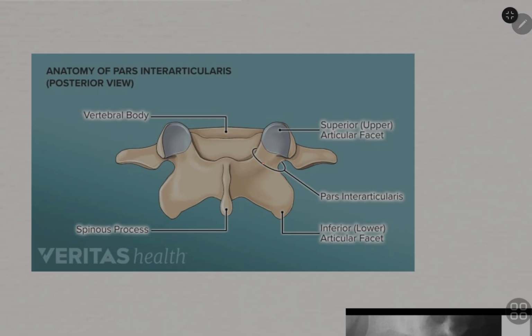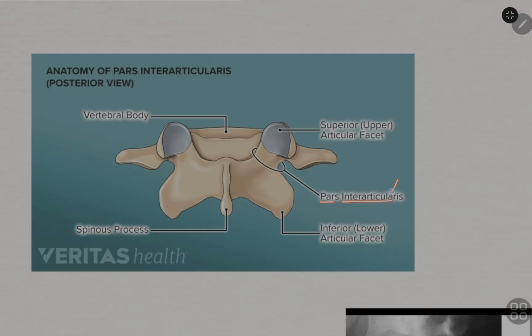So when this has some stress over it, now in which condition will there be more stress on this pars interarticularis? You have to understand a situation. Suppose a gymnast, mostly it is seen in a gymnast, I am describing the spondylolysis type.